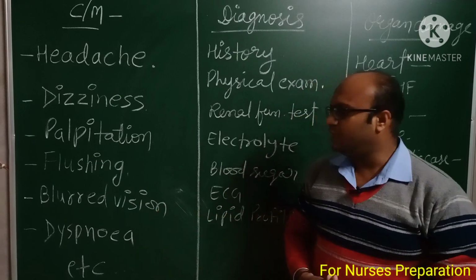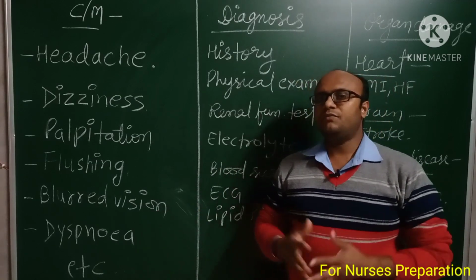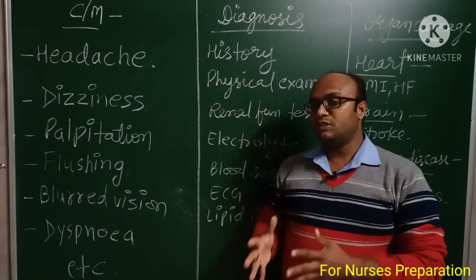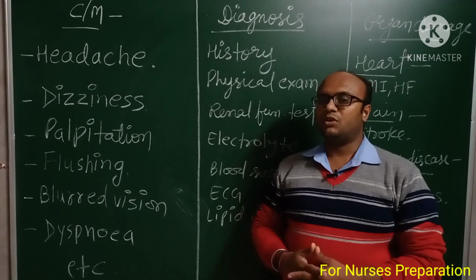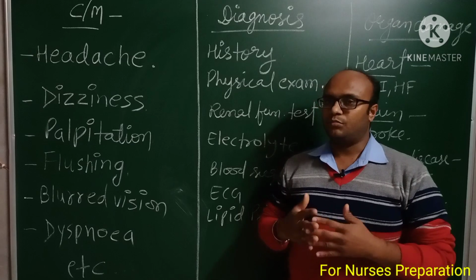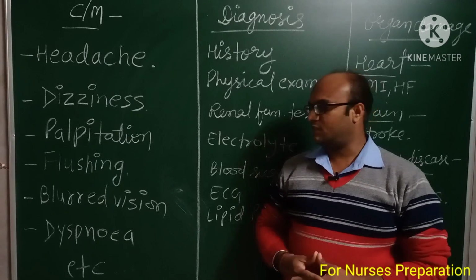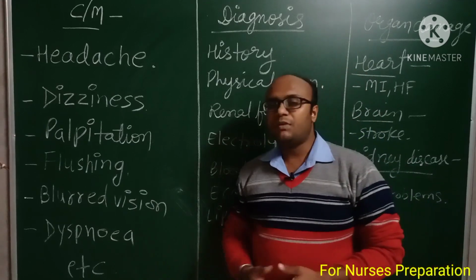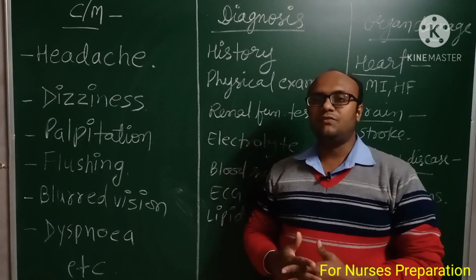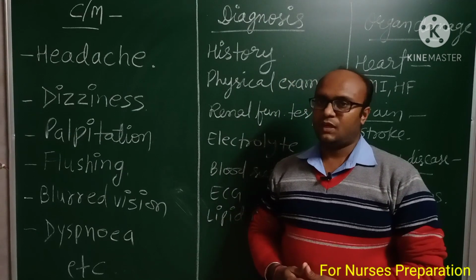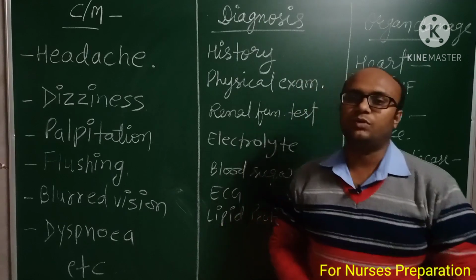Next is blurred vision. Blurred vision or double vision may be present because eyes are mostly affected in this disease condition. Dyspnea may also be present. Dyspnea means difficulty in breathing.